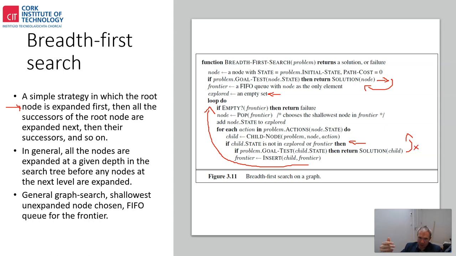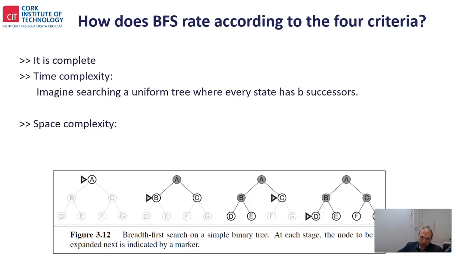We'll explain that later, but it's just to do with the memory requirements of the approach, and in relation to time complexity. Additionally, we discard any paths to a state that's already in the frontier or the explored set, so we're not exploring within the paths. As such, breadth first search always has the shallowest path to every node on the frontier.